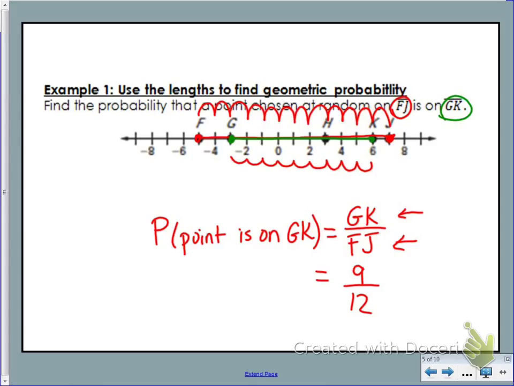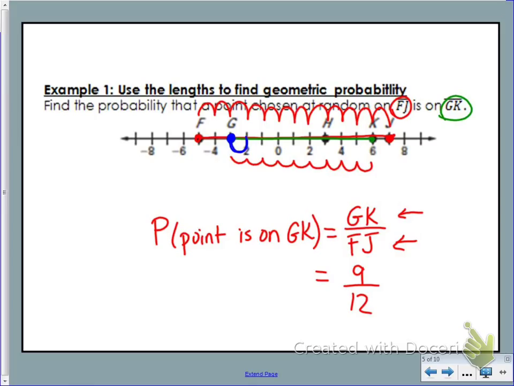Now, I want to comment here, if you for some reason came up with 10 over 13, you probably made a very common mistake. When I'm counting for the length of GK, for example, point G is my beginning point, so that's 0. So it's not till I make my first move that I count to 1. So you want to keep in mind you're starting on 0 and then you move 1 place all the way up to 9 over 12.